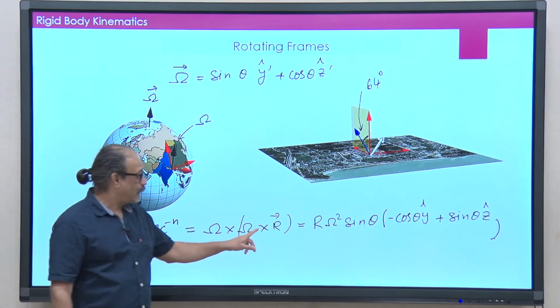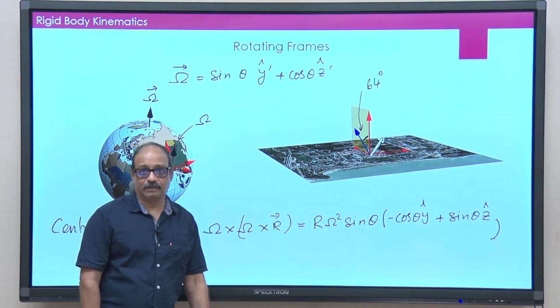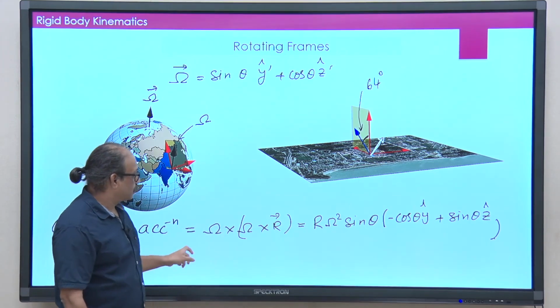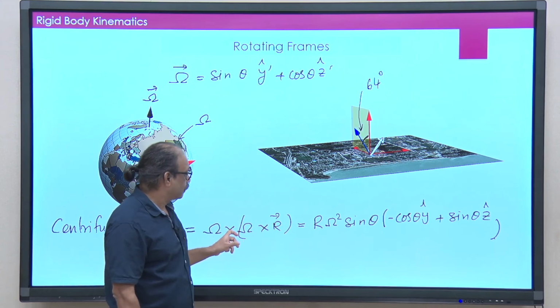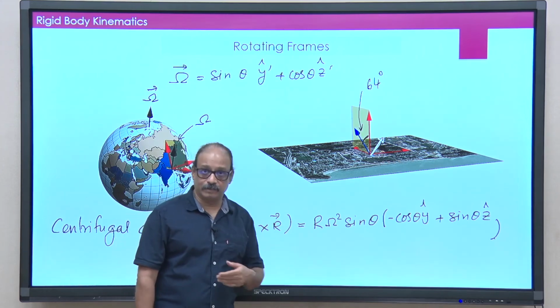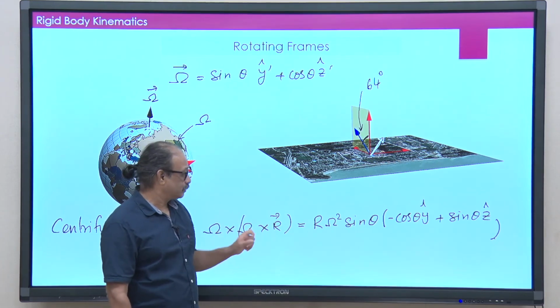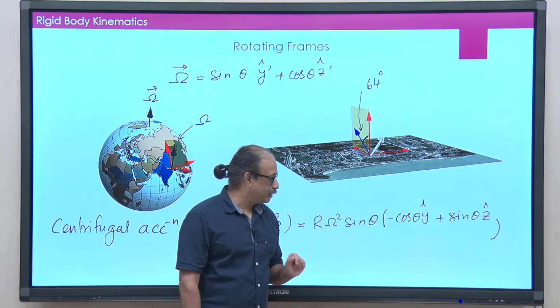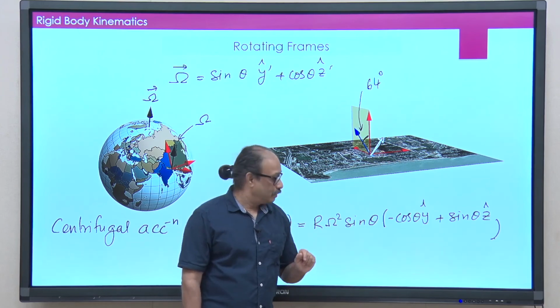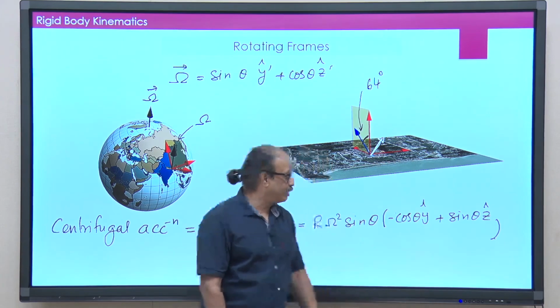So, this r vector roughly is equal to the radius of the earth. Now, I have given you omega vector in the last slide, I will ask you people to do this calculation. It is just two simple cross products. So, it will be r omega square sin theta into minus cos theta y cap plus sin theta z cap.